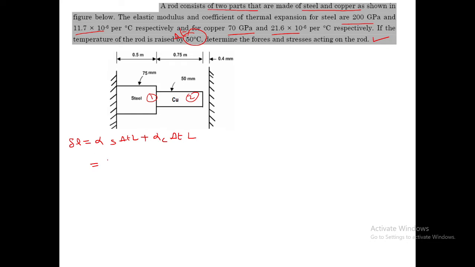So α_S for steel is 11.7 × 10^-6, ΔT is 50, length is 0.5, plus α_C is 21.6 × 10^-6 times 50 times the length of the rod, 0.75.